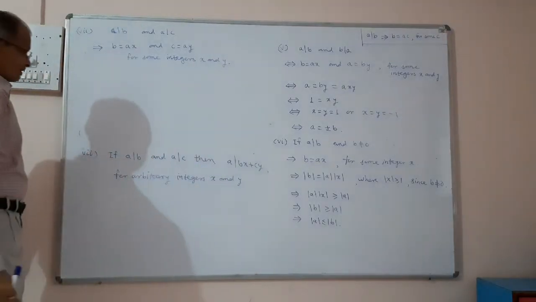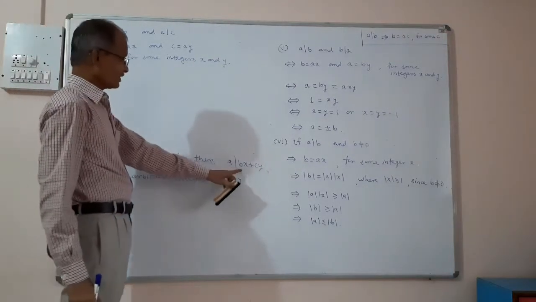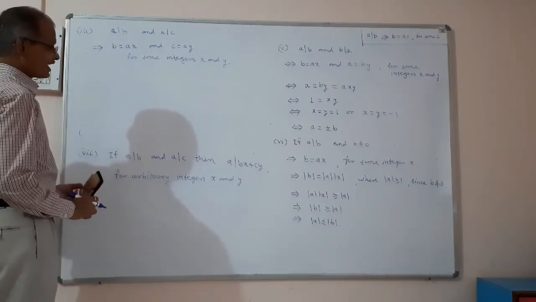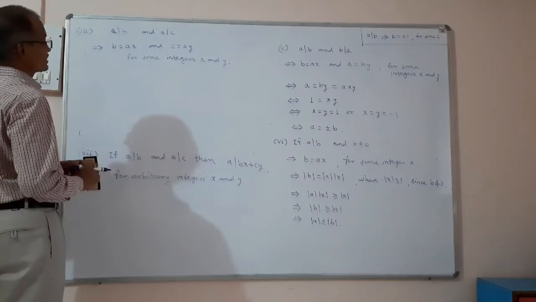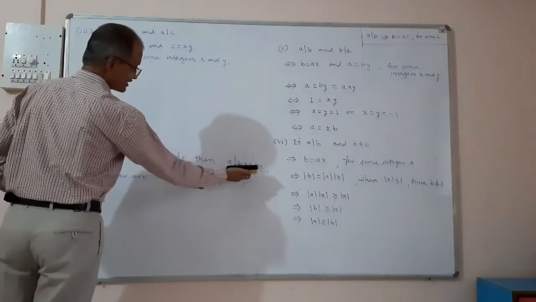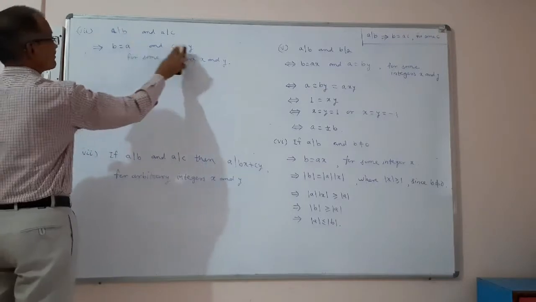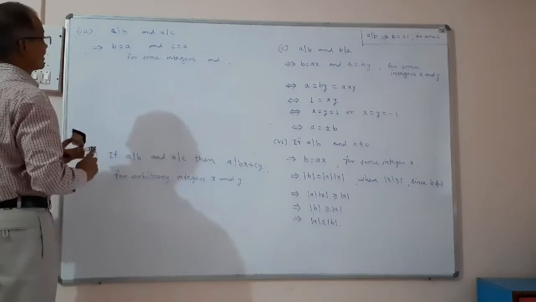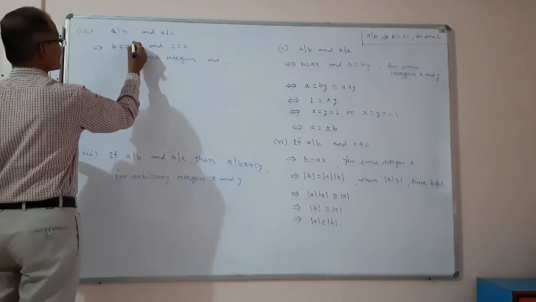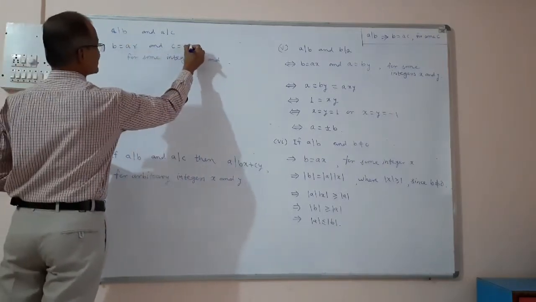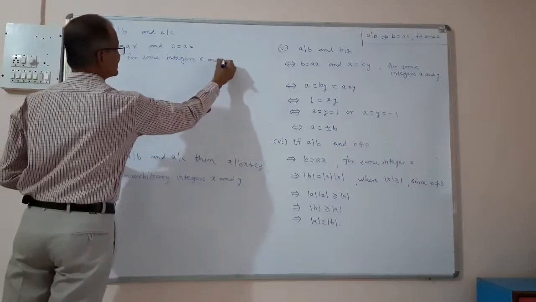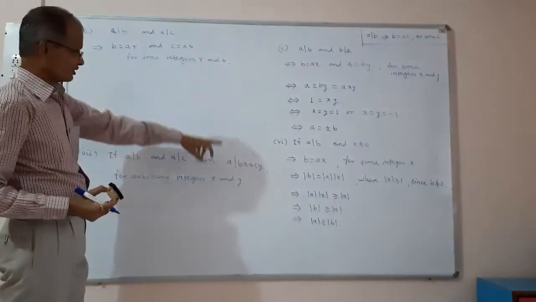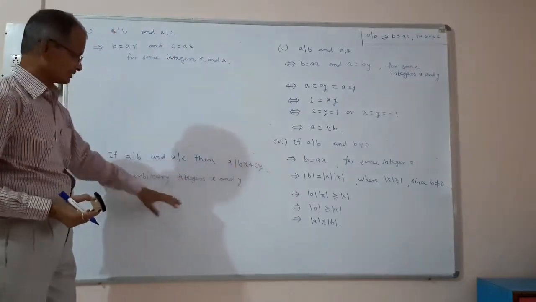And now you see what finally we want to show is bx plus cy, combination of this. So x and y are used, and therefore we should use other letters, and instead of x and y we shall consider r and s. So b is equal to ar and c is equal to as for some integers r and s. Any letters can be used. Why we have changed? Because here it is x and y given in the result.